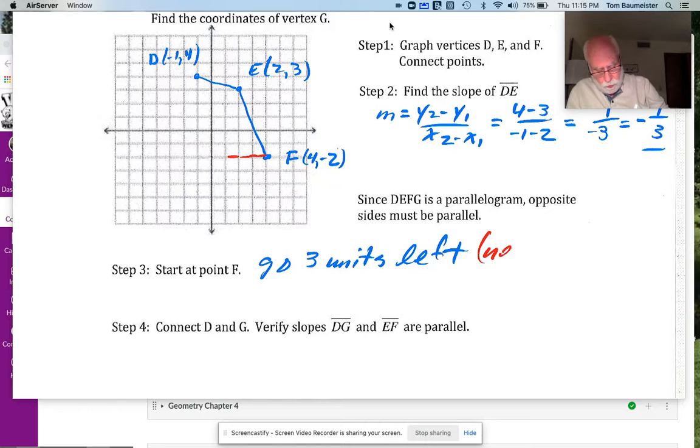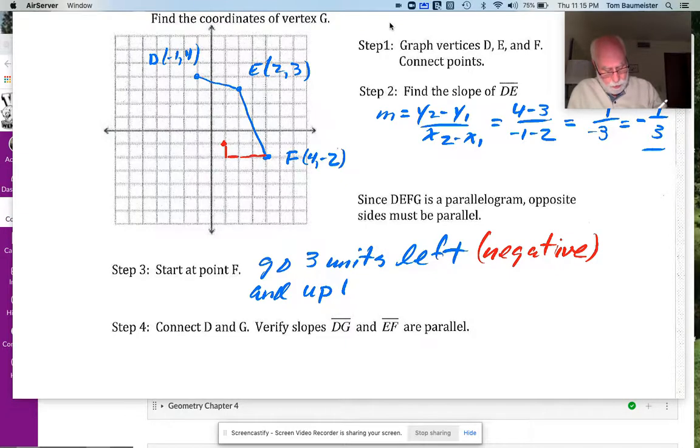That tells us we're going negative. So there's my negative sign right there. And then we're going to go up 1. Right? So if I go up 1, that's where our point G should be.